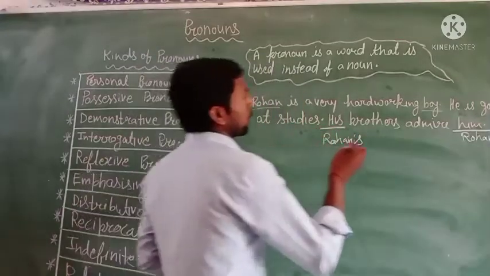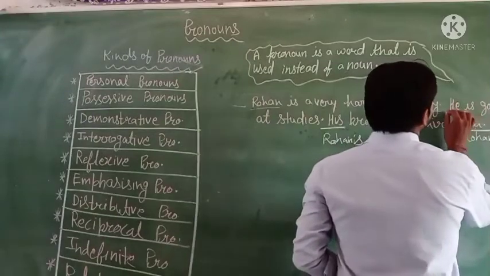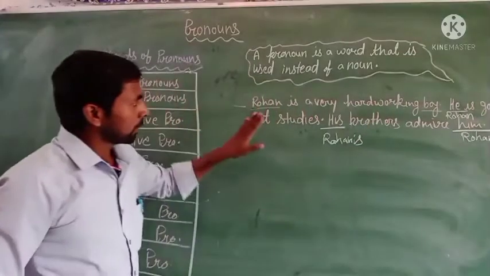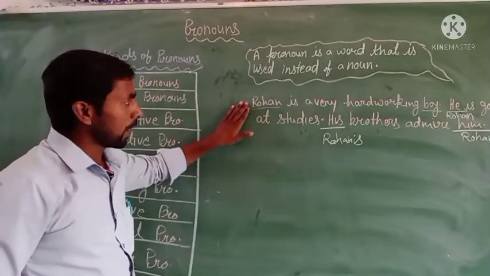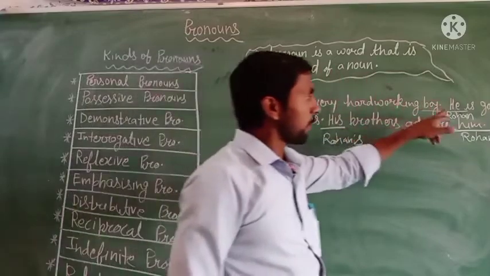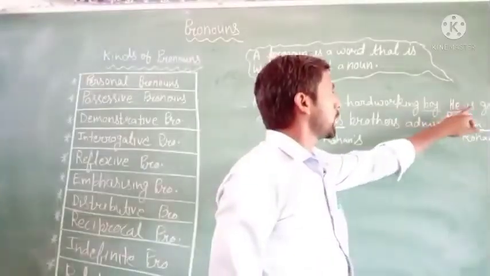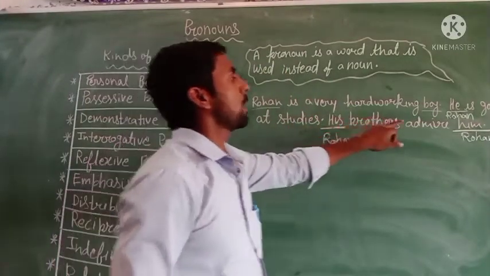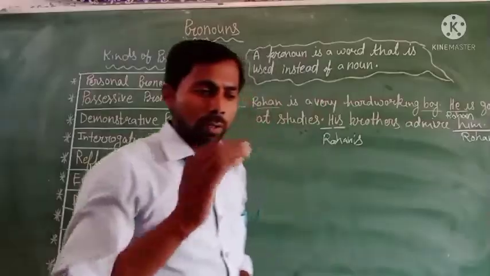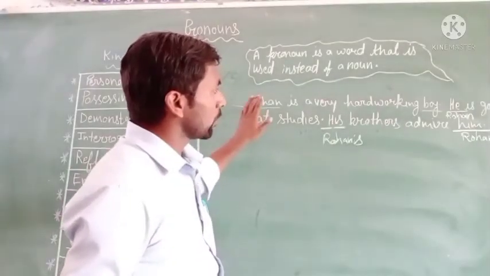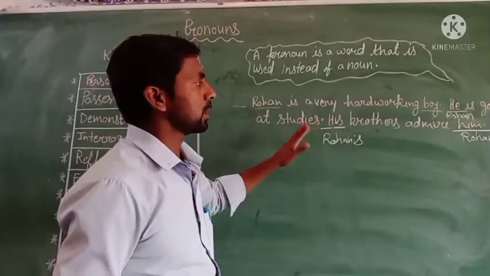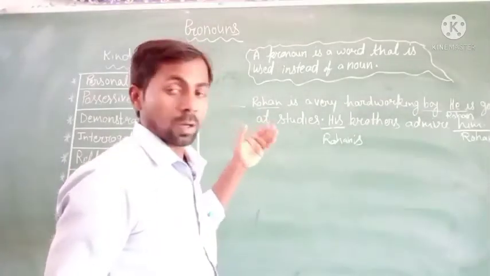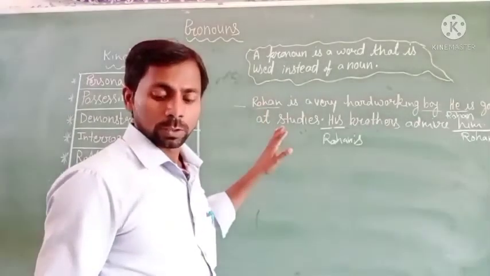In place of he you can use Rohan. So here the noun word is Rohan, and you find this Rohan in the next sentences: Rohan is good at studies and Rohan's brother admires Rohan. You can see the word Rohan is used many times in these sentences, and this is confusing.